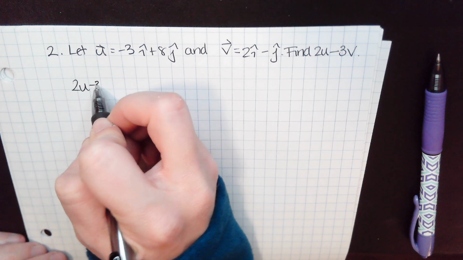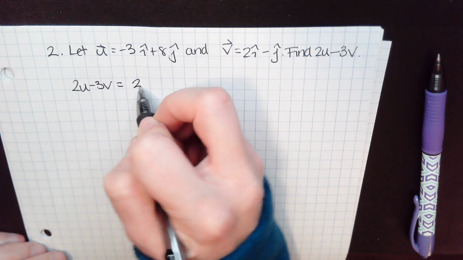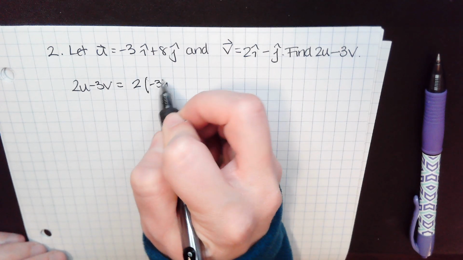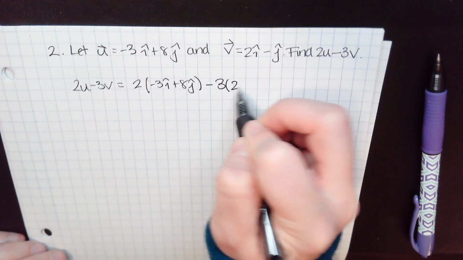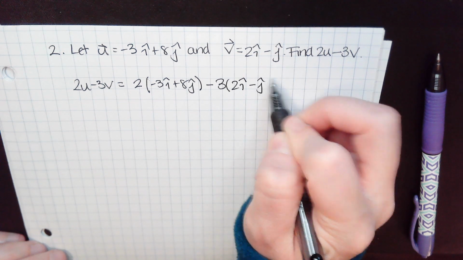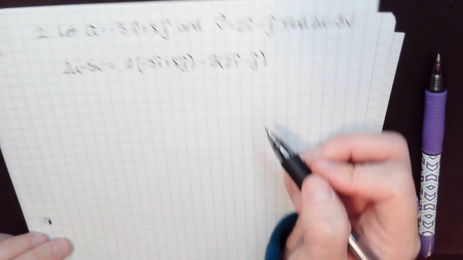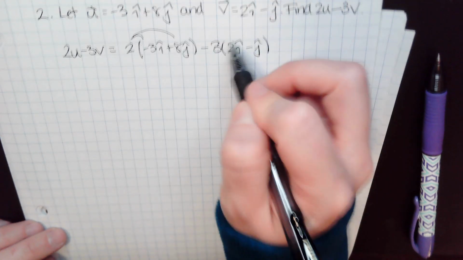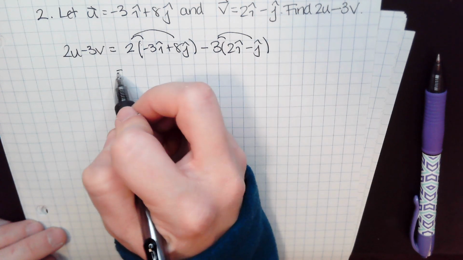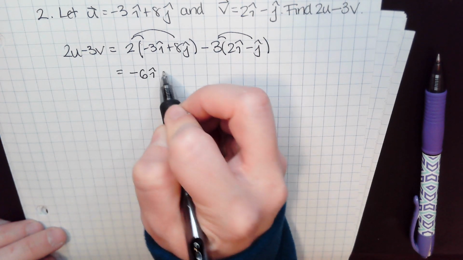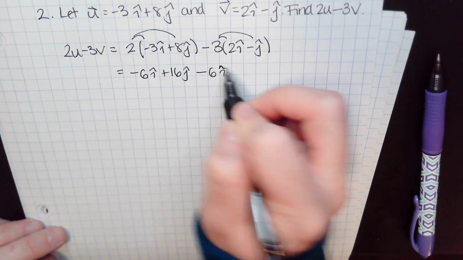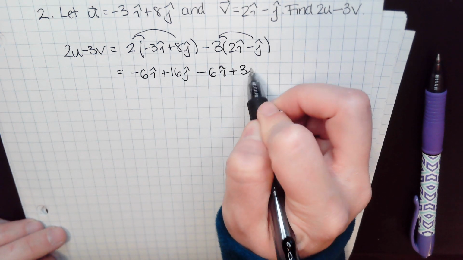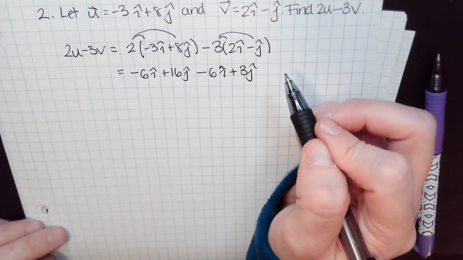So 2u minus 3v. So we just take 2 times -3i plus 8j minus 3 times 2i minus j. And here then you could just distribute. So your scalar multiplication would give you -6i plus 16j minus 6i plus 3j.